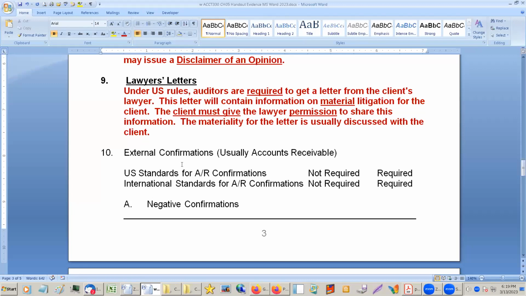I think that's the only time I can think of that you actually discuss materiality with the client. Generally, you don't put a dollar amount on it, but a lot of times the lawyers will ask, well, what's the dollar amount? What am I looking for here?